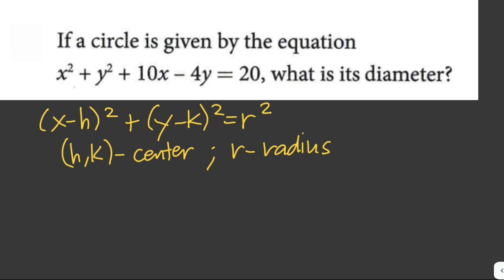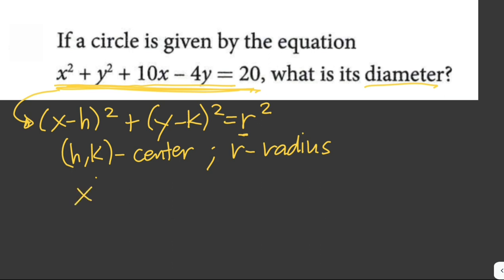Now we're given the equation of a circle in this form, so we need to write this in this form to solve for the radius, and then we can solve for the diameter. So we have to solve this by completing the square.